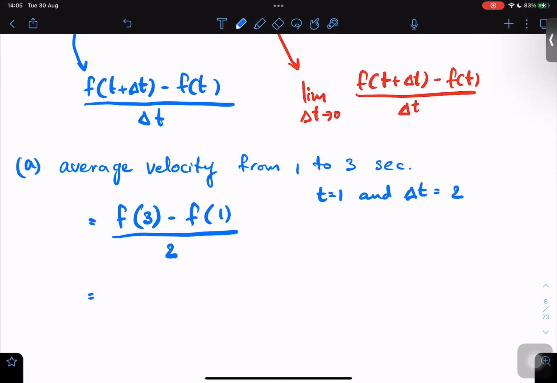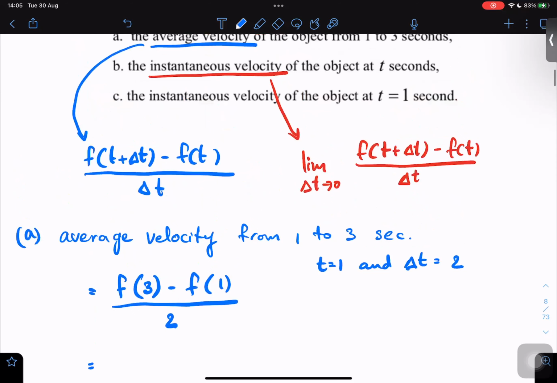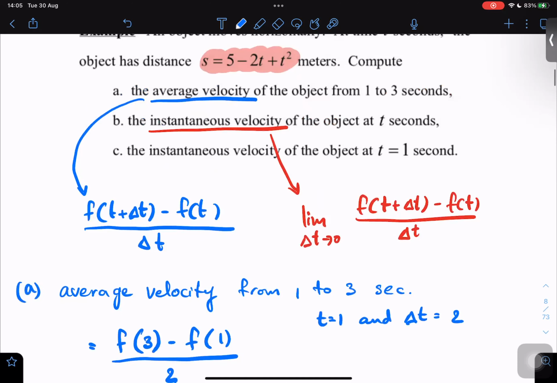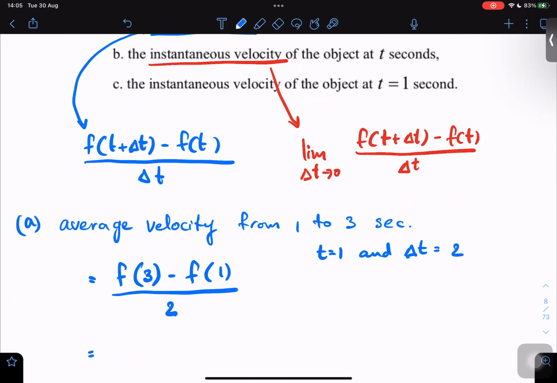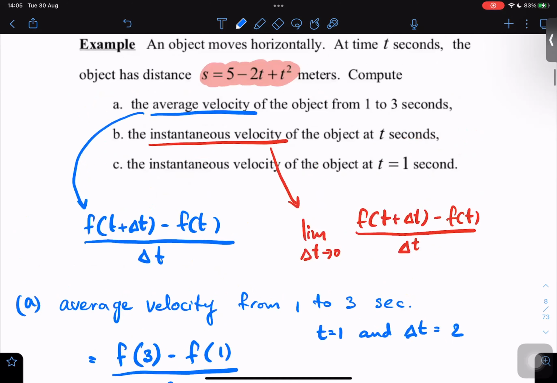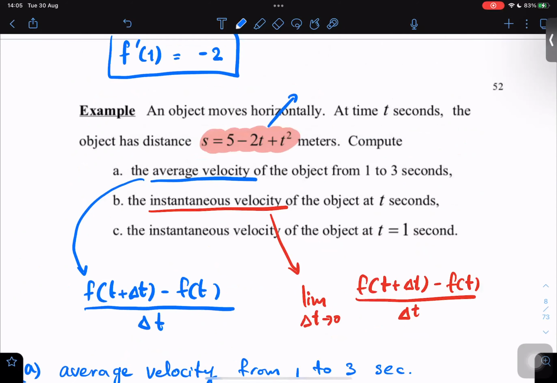And what is f of 3? When you plug in 3, it becomes 5 minus 2 times 3 plus 3 squared, which is equal to 8.